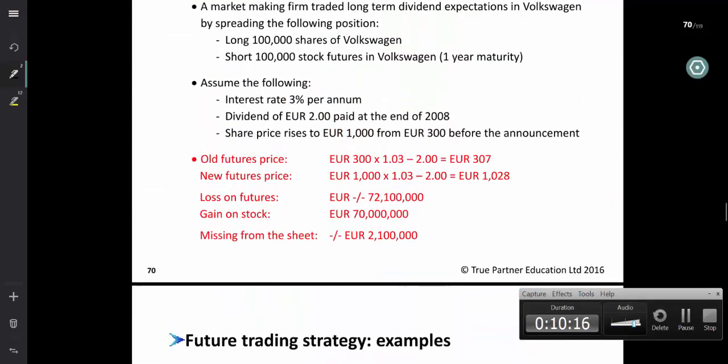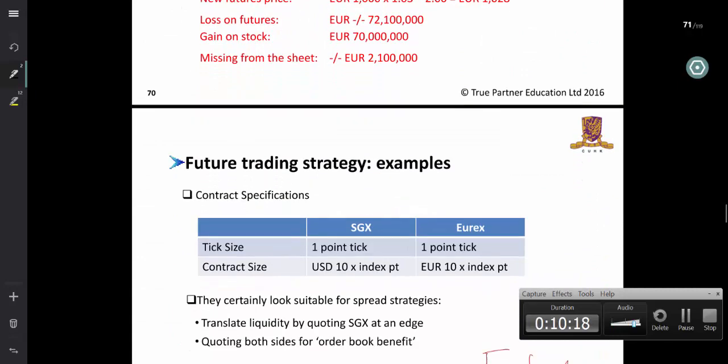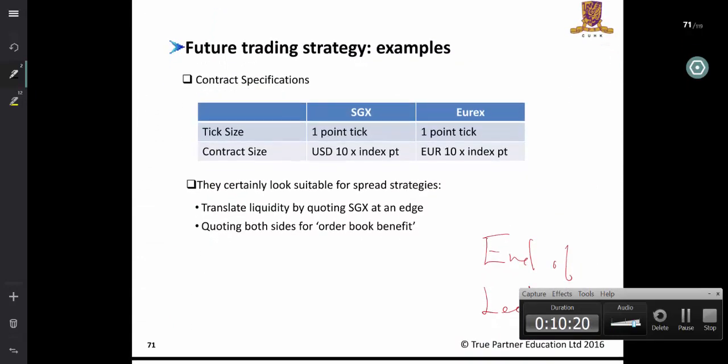Now, the whole idea of pairs trading is this. In this instance, and there is a variation a little afterwards, we are talking about trading the same product, but in different exchanges. Okay?